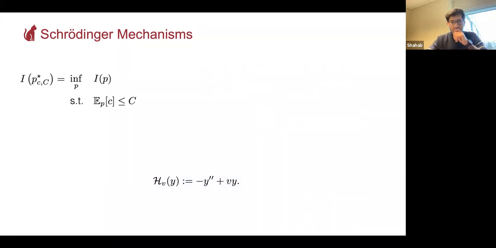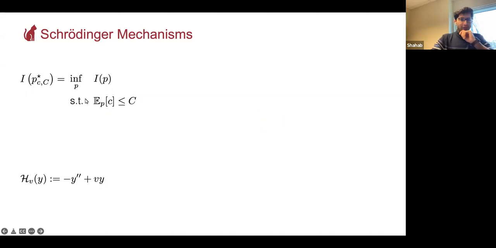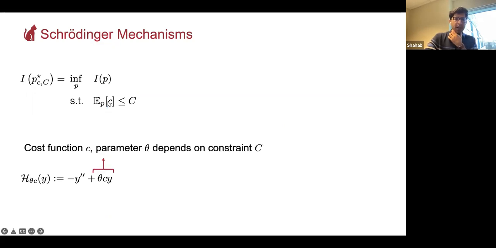Now we have the optimization and the Schrödinger operator. The potential that we have in this Schrödinger operator comes from the cost function c multiplied by some constant theta. So the potential of the Schrödinger operator that we look at is basically theta times c.